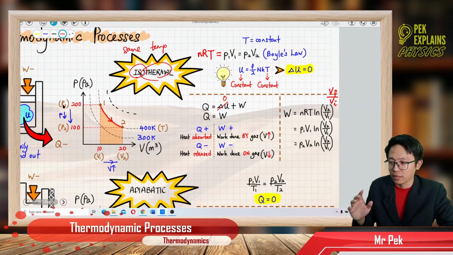You can use P1V1, or P2V2, or just use the 400 Kelvin temperature. So there are three ways for you to find the work done of the gas, which is also the area under this graph. The area under the PV graph is actually given by these three formulas. You can use either one.